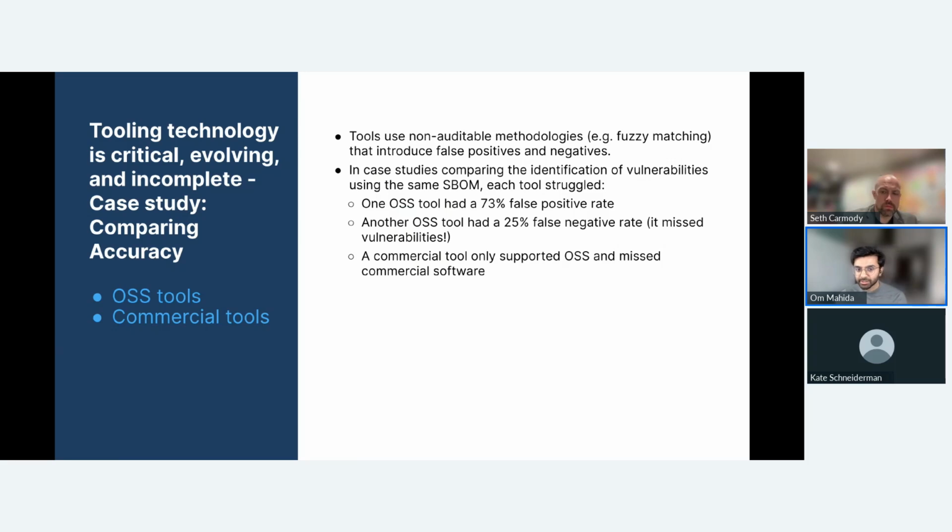On the flip side, we also saw an interesting pattern in false negatives. False negatives meaning it's missing vulnerabilities, and that is almost worse than false positives, because in one of the other case studies we'll dive into a bit more, it could lead to missing vulnerabilities that have known exploits that are on the CISA KEV list, and those are probably the highest risk vulnerabilities any device manufacturer should be paying attention to, because they pose the highest risk.